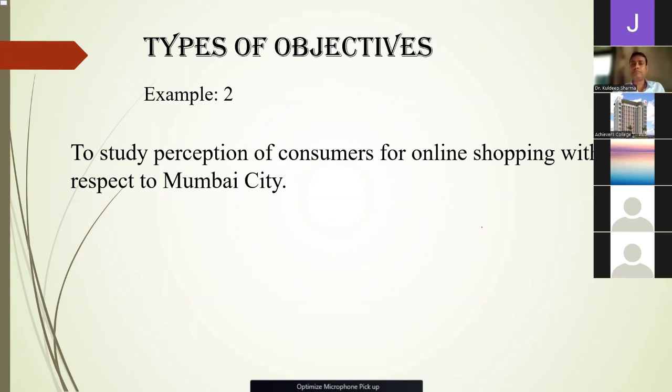Sir, with respect to Mumbai city? Absolutely correct. With respect to Mumbai city, remove the word "with respect to." So, okay, Mumbai city. Consumer of Mumbai city is a constant variable, because by default, whoever I collect responses from should be a consumer of Mumbai only.